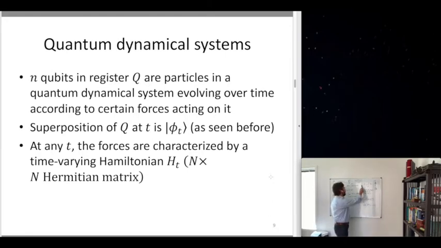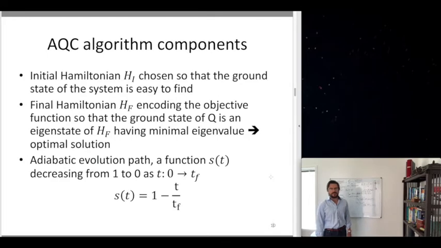Again, this is a matrix. Anything that interacts with your system can be characterized by a time-varying Hamiltonian, which is an n by n Hermitian matrix. We learned what Hermitian matrices are. And time varying means it changes over time, because we want to find out our solution to a problem, right?